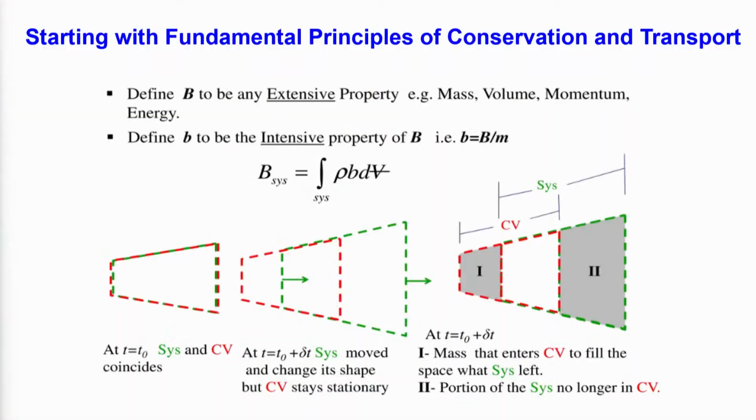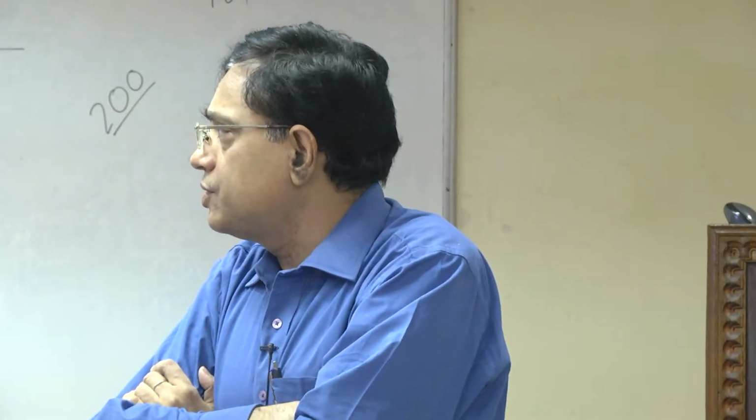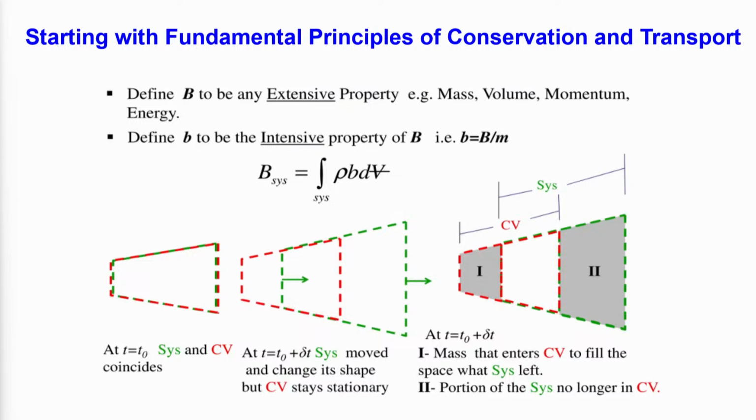So, this is the principle of conservation and transport with which we started our foundation topic discussions. Let us say you have a channel of varying cross section. This is a very simplified view; our blood vessel is not like that, it will have some different shape, but this is just a simple drawing.